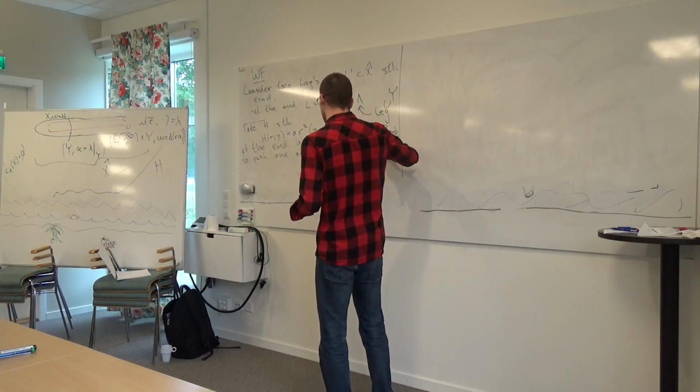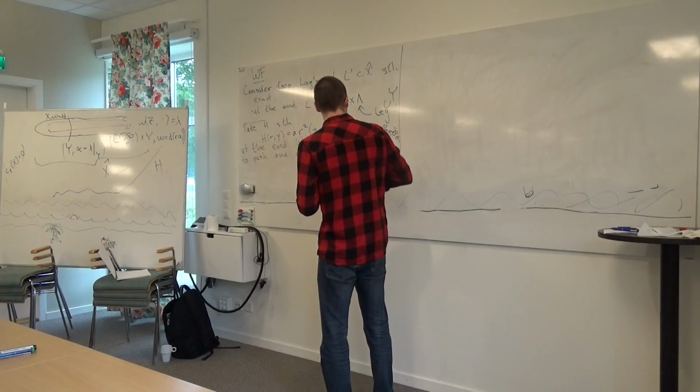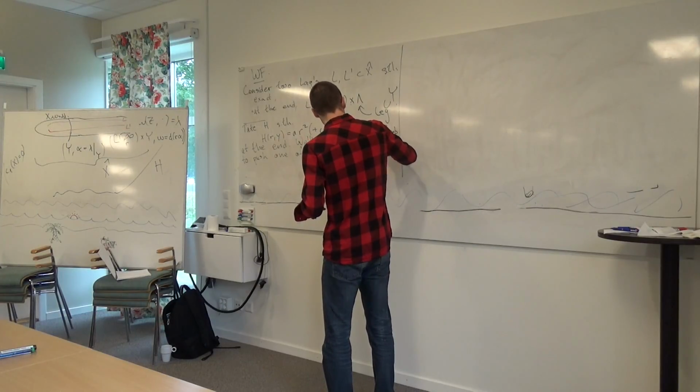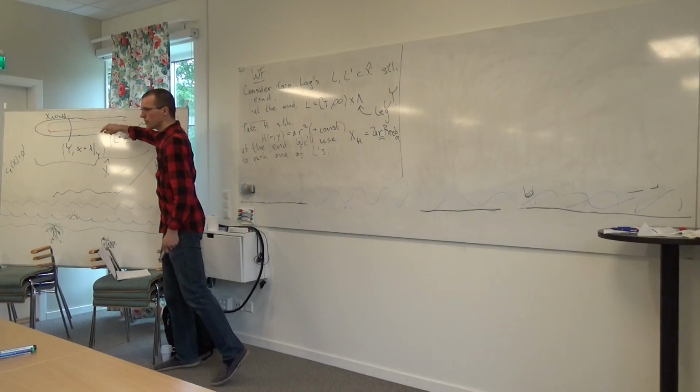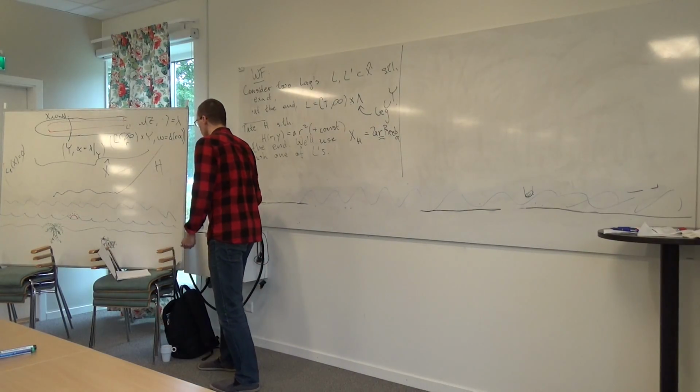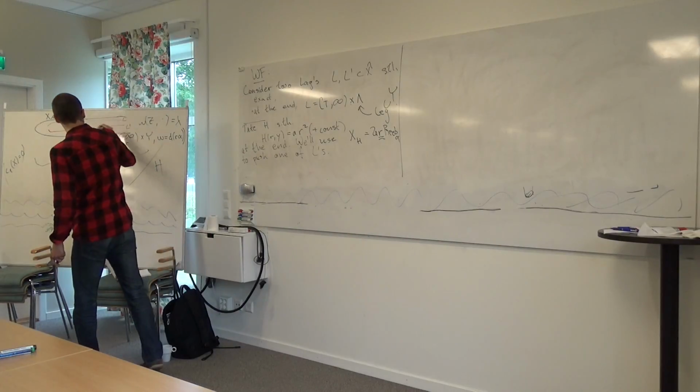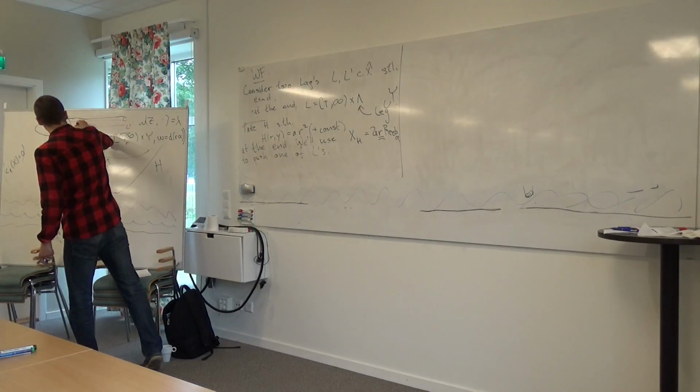No, sorry, the a is not important. It's R which is important. So it wraps quicker and quicker. So let me draw something, after wrapping the L prime like this.